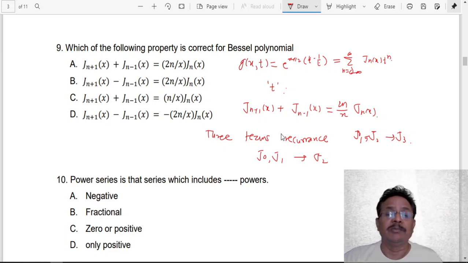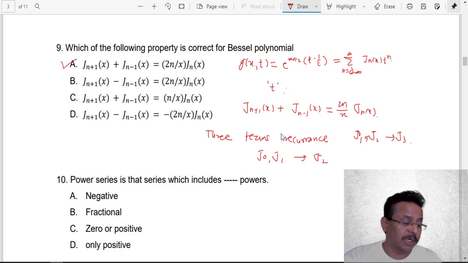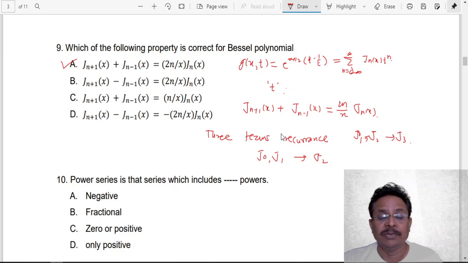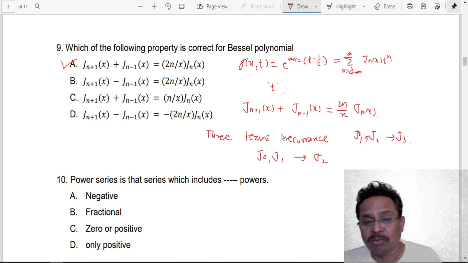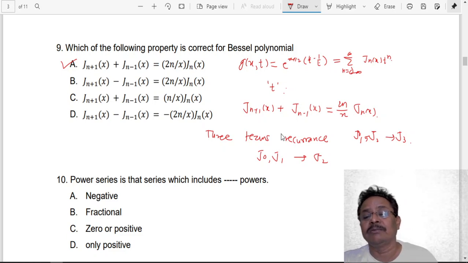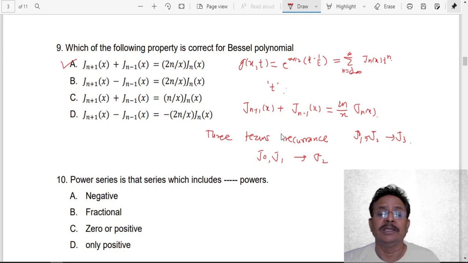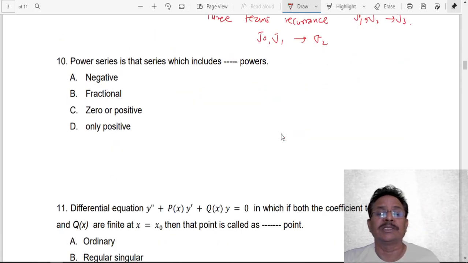Therefore for question number 9, the correct option is E, as shown by this particular example. This example gives you one simple understanding. You have to remember all these things. Solving these things will require some more time, but knowing these things, make a table related to all the properties of this Bessel function. First property, second property, third property, then it is very easy for you to understand these things.